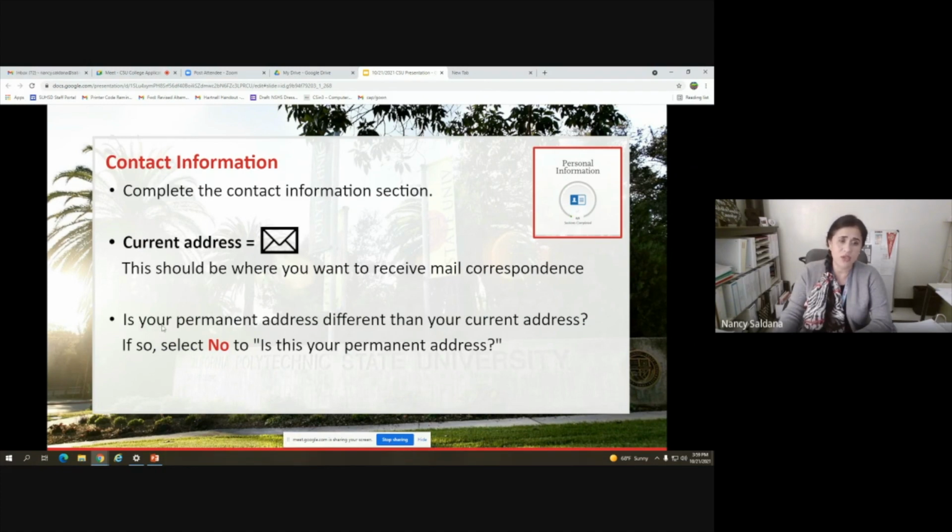And then, is your permanent address different than your current address? If so, select no, and then is this your permanent address? So again, always make sure that your mailing address is correct, because this is how the CSU system will be communicating with you.